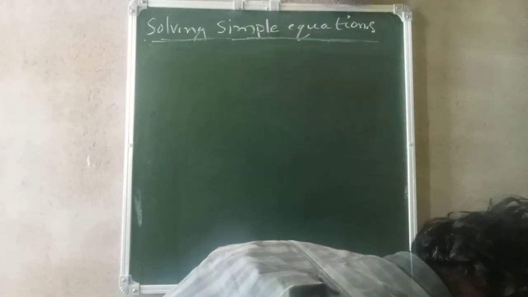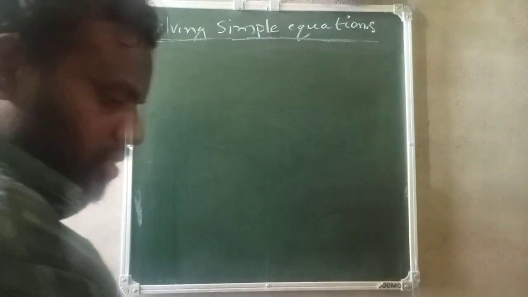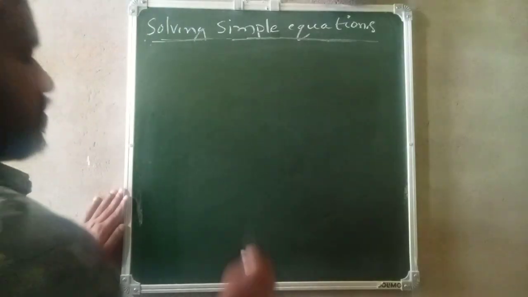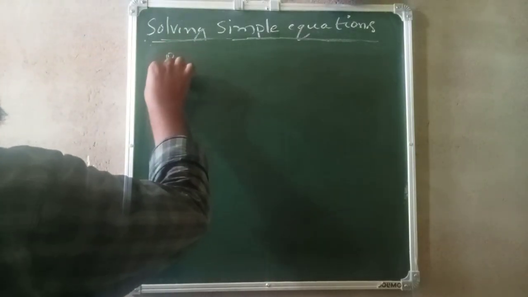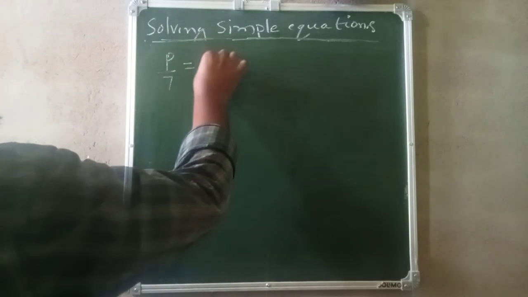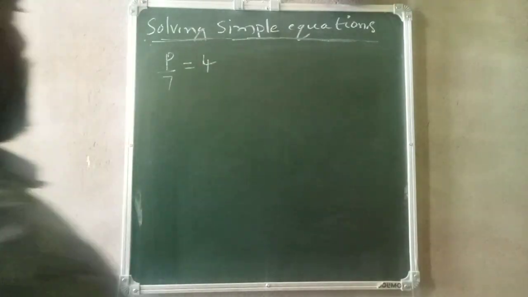So the next equation I will take is p by 7 is equal to 4. Okay.